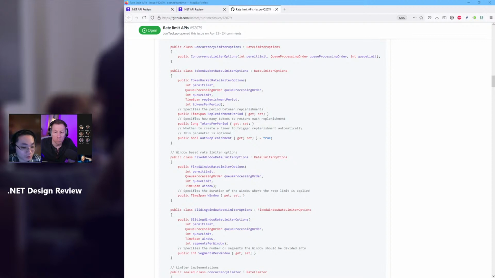But it will still respect the replenishment period setting that you have specified, so that if time elapsed since last replenishment is greater than what you've specified for that particular limiter, it'll do a replenishment. Otherwise, it'll just no op. So that's the reason why this auto replenishment property is there to facilitate that. We have had other thoughts on how that can be achieved, but so far this seems like the simplest and the most convenient.